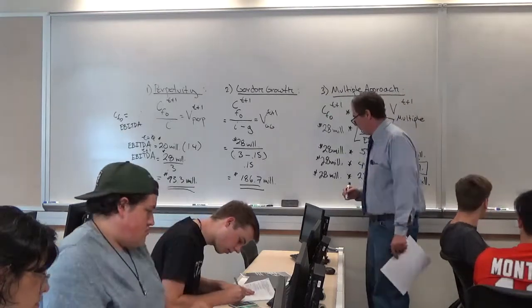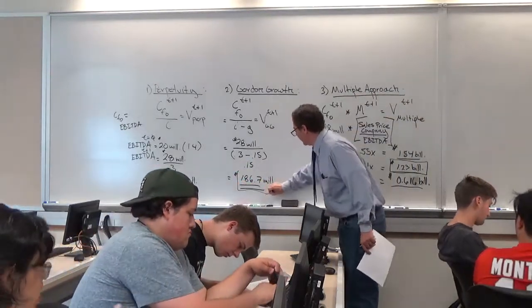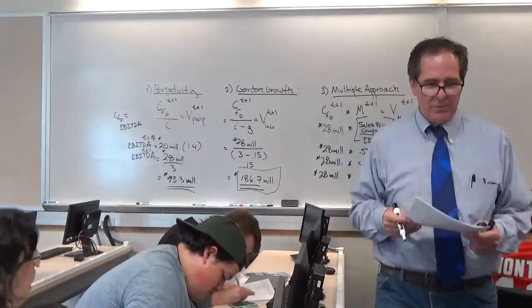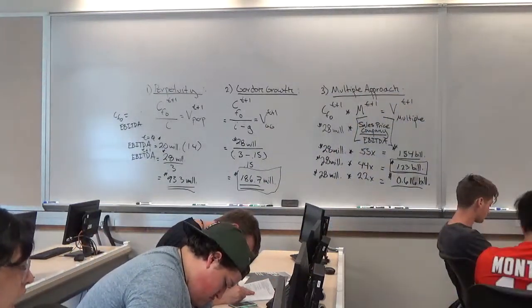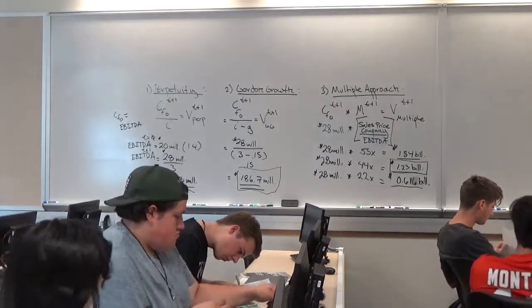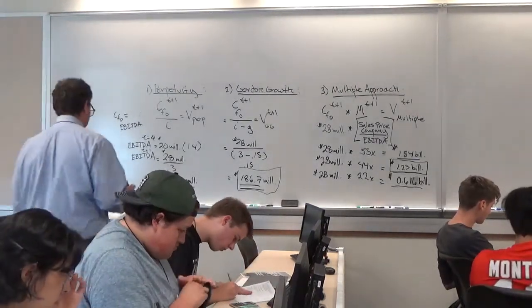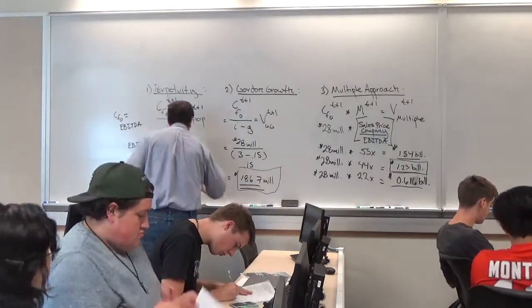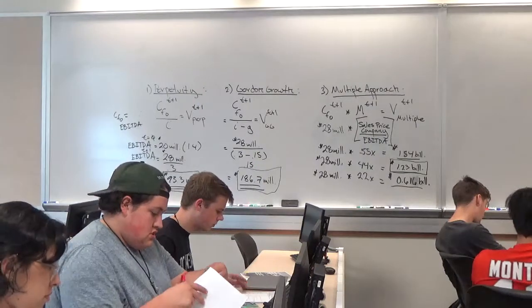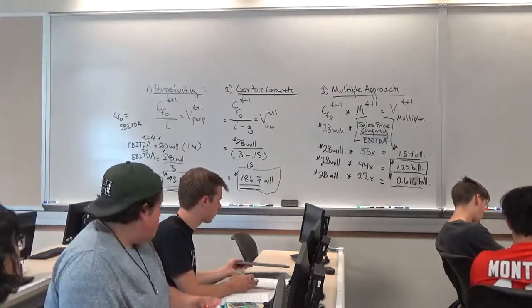Okay, we got these already calculated. Excellent. We need one more. What's the next one? Yeah, the discounted cash flow. The first thing you want to ask yourself is, what's the holding period?